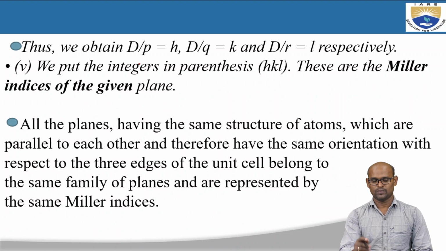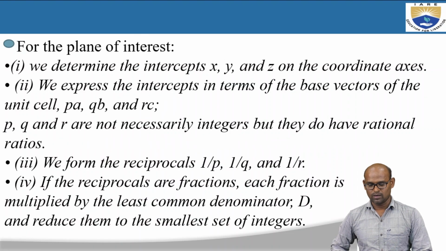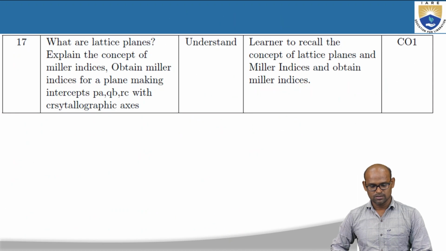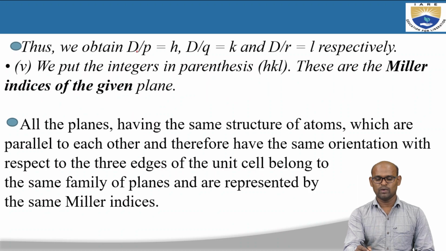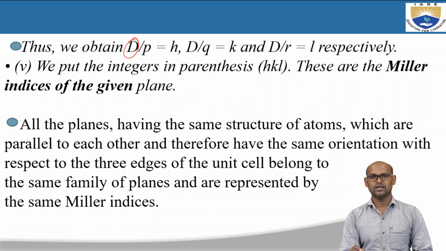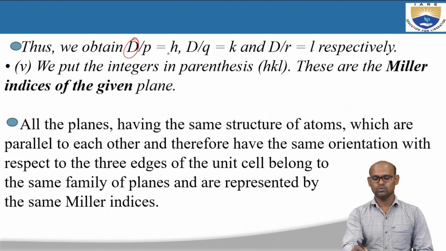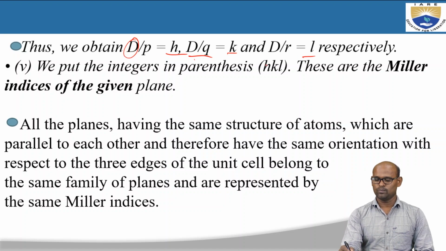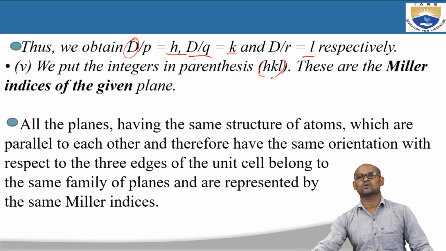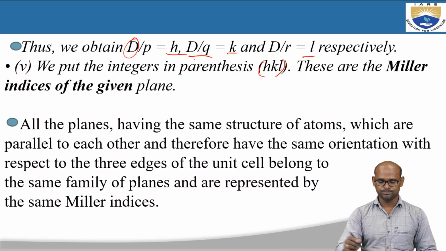So pa, qb, rc are the base vectors. When we multiply with the least common denominator d, we get d by p, which I defined as h, d by q, which I defined as k, and d by r, which I defined as l. So these h, k, l, put in parentheses without commas, are called Miller indices.